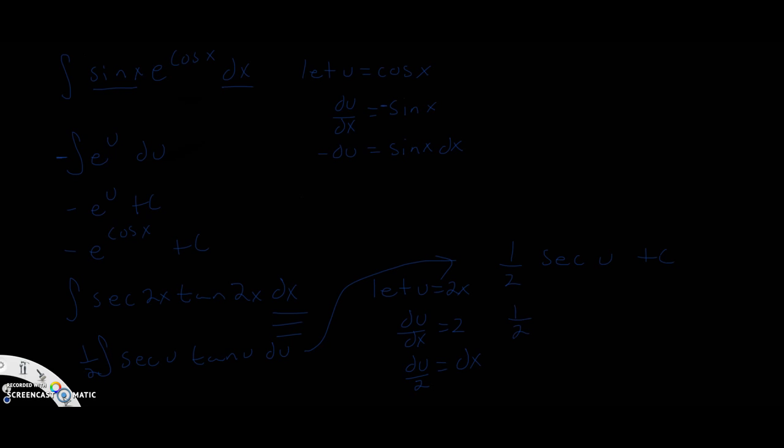And now you've got to plug in, I'm sorry, and you're going to get 2x. Now let's see if this is correct. The derivative of secant 2x is going to be secant 2x tan 2x. The derivative of 2x is 2, times the 1/2 will give you what you started off with in the original.